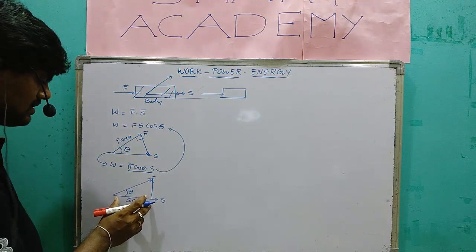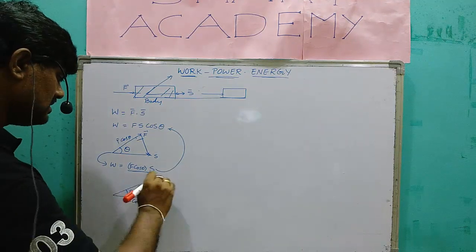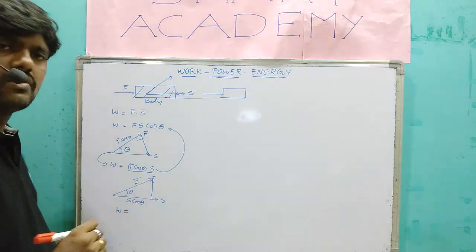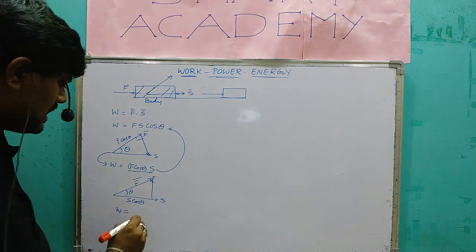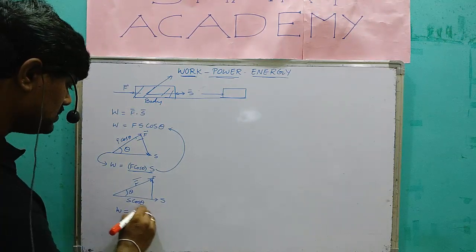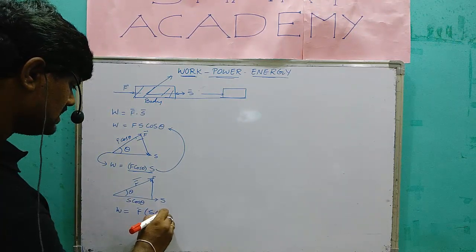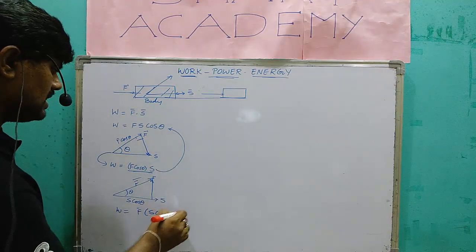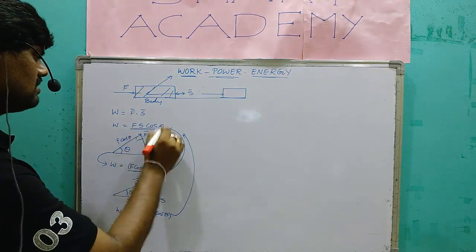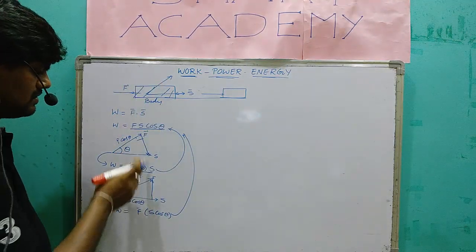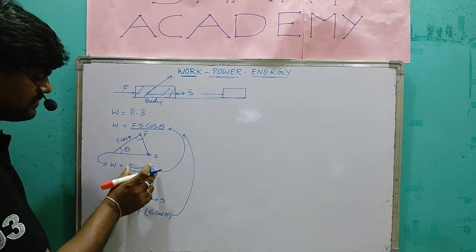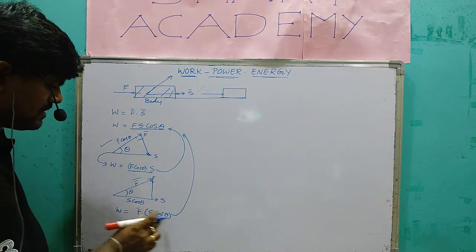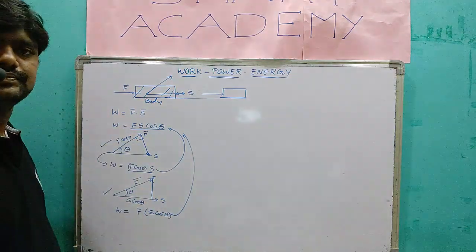So the product of this S cos theta and the force vector will also give the work done. That work done is equal to F, force, into S cos theta. So this is also similar to W equal to F S cos theta. So these are the vector diagrams for F cos theta into S, and this one for the F into S cos theta vector diagram.